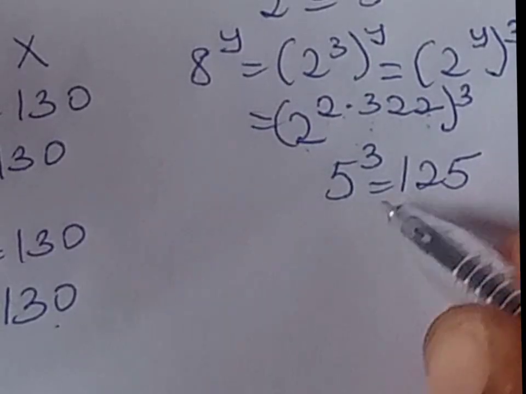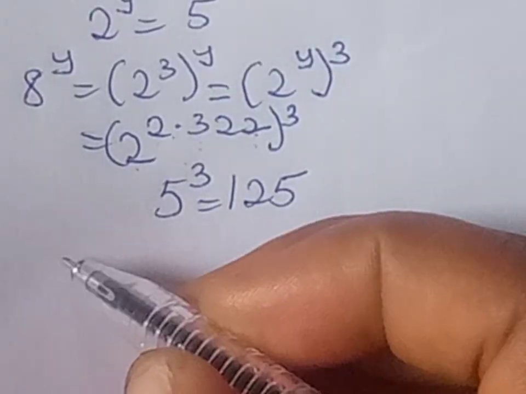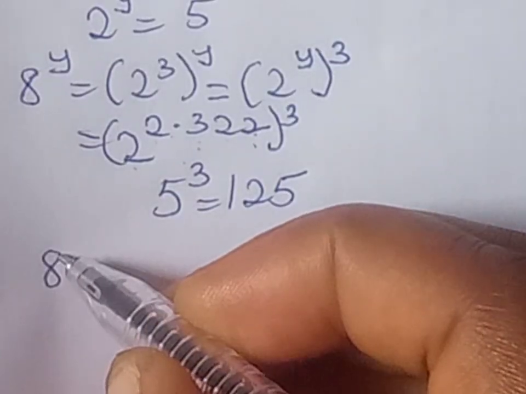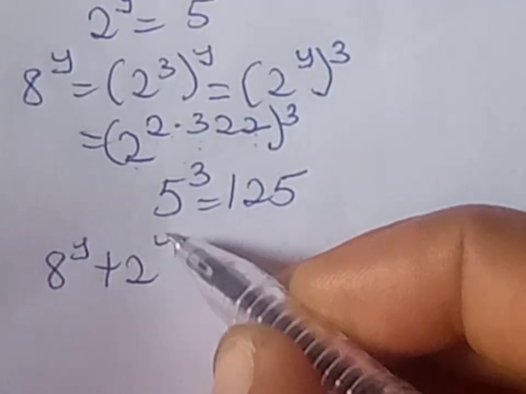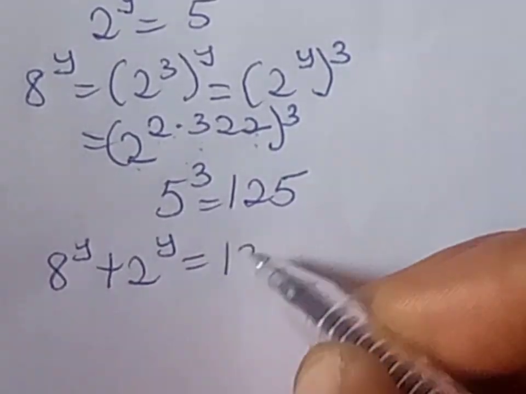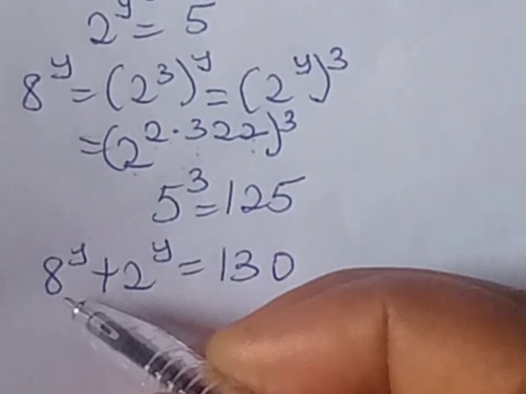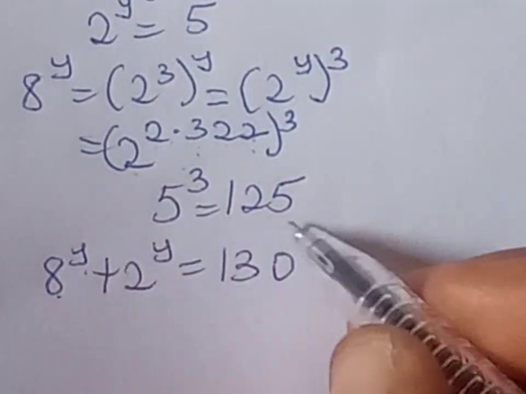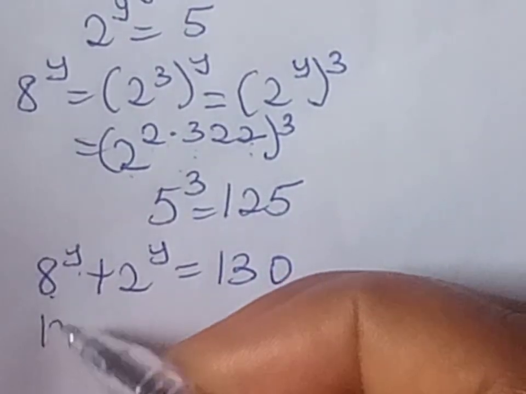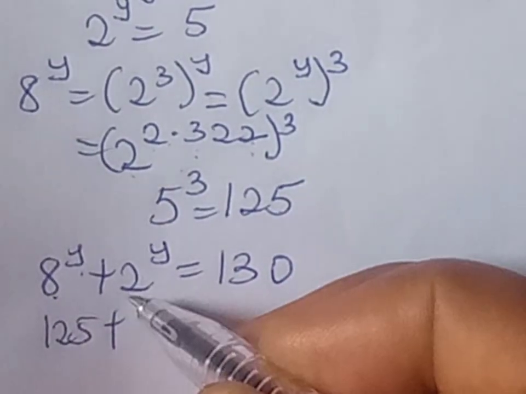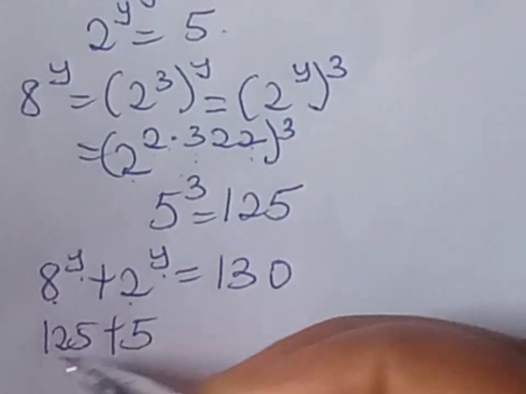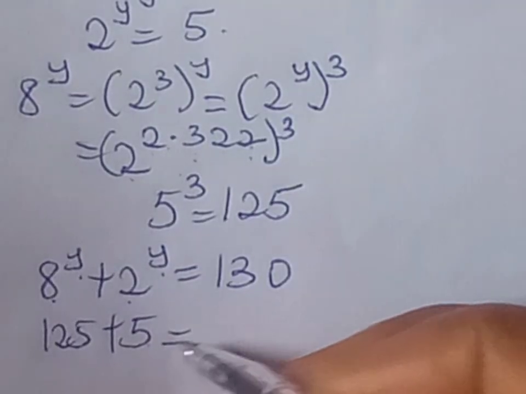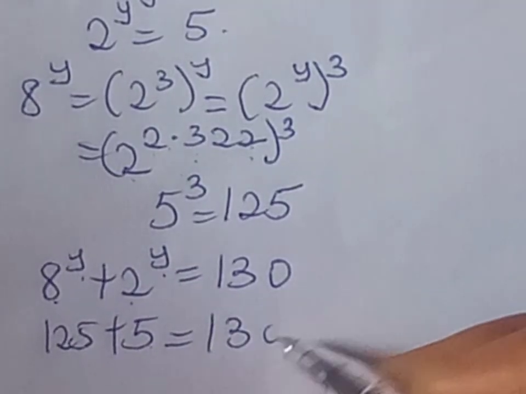Now let's substitute back into our initial equation: 8 raised to the power of y plus 2 raised to the power of y equals 130. 8 raised to the power of y is 125, plus 2 raised to the power of y, which is 5. So 125 plus 5 gives us 130.